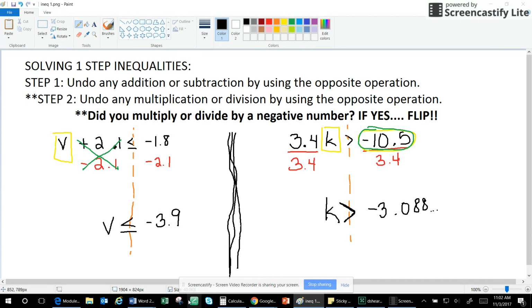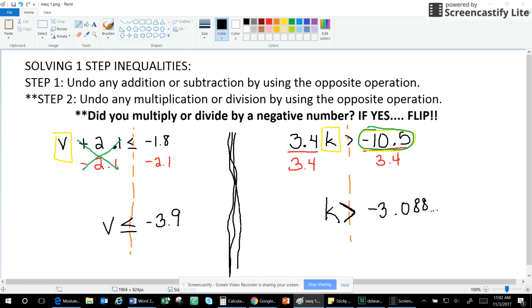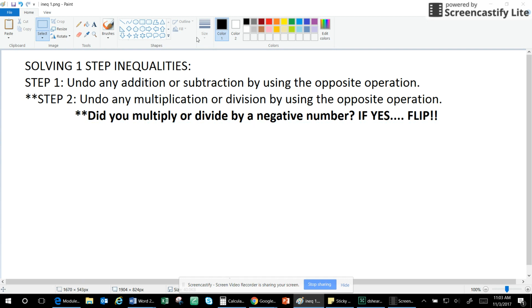All right, let's look at the other 2 example problems that I wanted to look at for today. So let's get rid of these. And let's look at the next one that is on your note guide for today. I have negative 5.3 G is greater than negative 8.2.